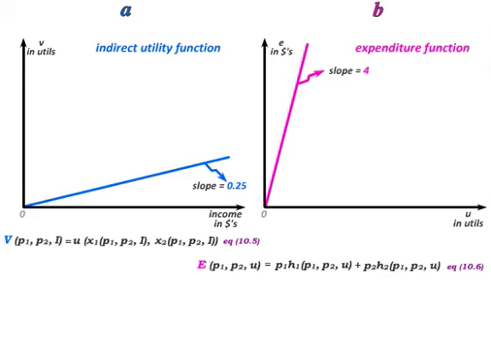So one way to derive the expenditure function is to derive first the Hicksian demand functions, which are functions of prices and utility levels, and then plug those into our expression for a budget, P1 times the compensated demand for 1, and P2 times the compensated demand for good 2.